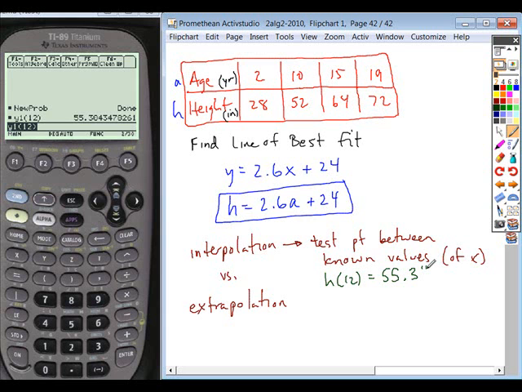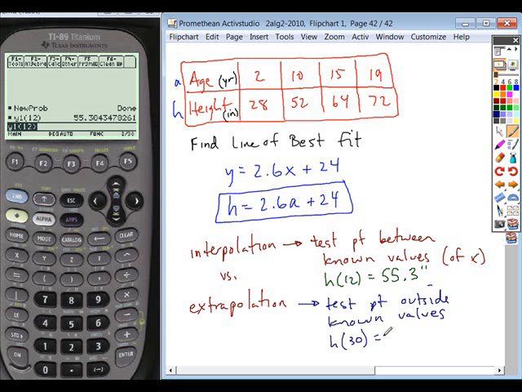And now, what if I asked you to extrapolate? Extrapolate means that you're going to test a point that falls outside the known values. So what if I asked you to extrapolate and find the height of a 30-year-old based on this model?